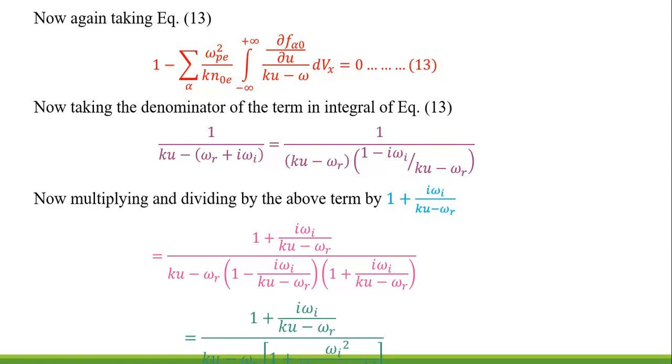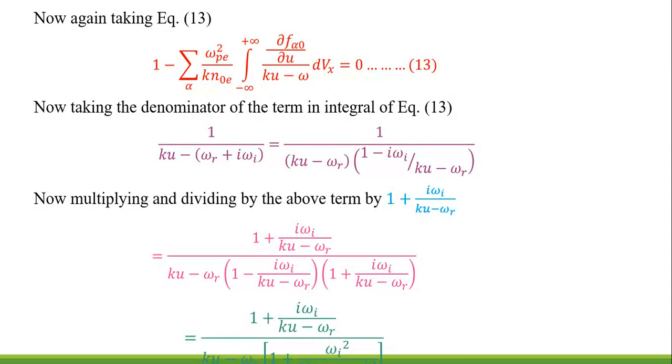And then, if you multiply these two combinations, omega I square will appear in the numerator. You know that the imaginary frequency is always very small compared to the real frequency, that is, omega r is much more than omega imaginary.